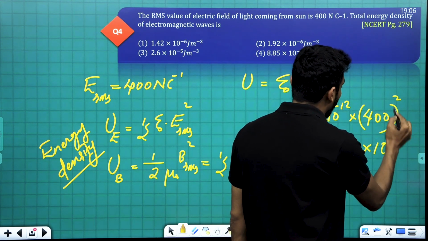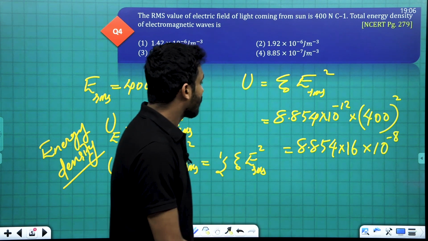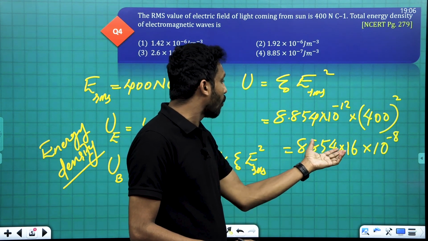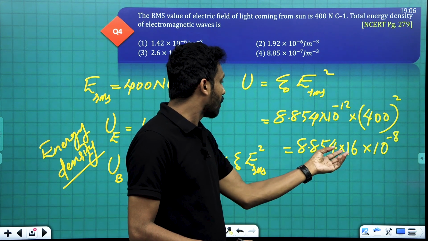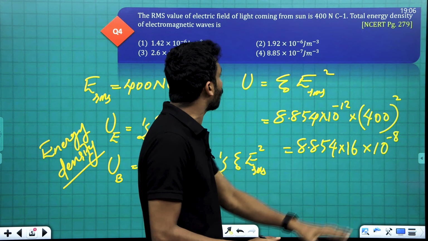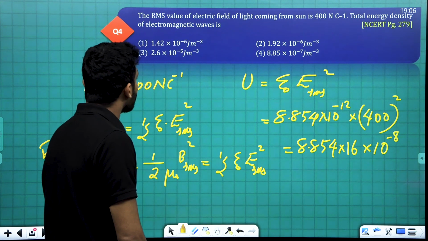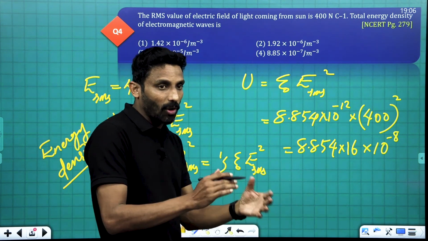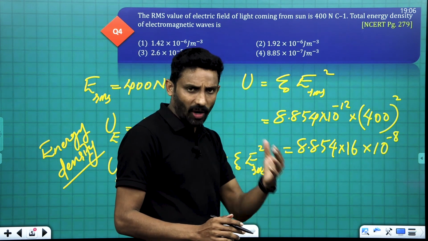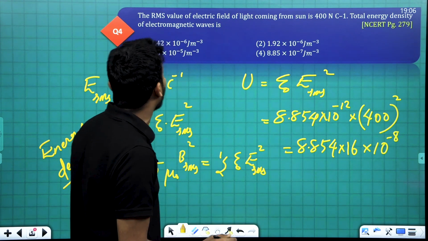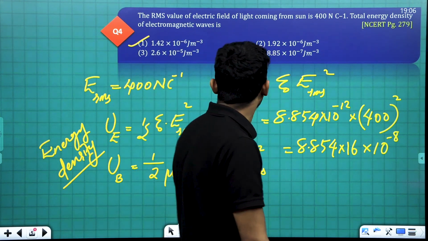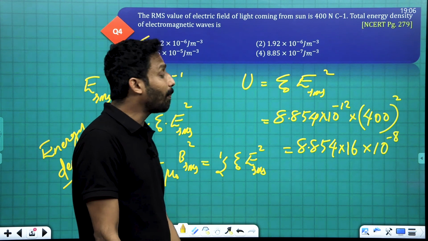What will this value be? It is almost 144, or 140 in that range. 140 into 10 power minus 8 means 1.4 into 10 power minus 6. So 1.42 into 10 power minus 6 joule per meter square.